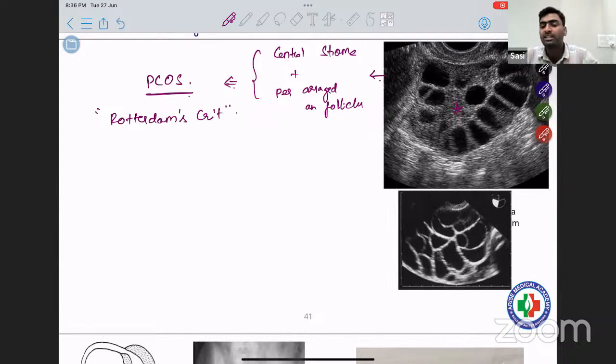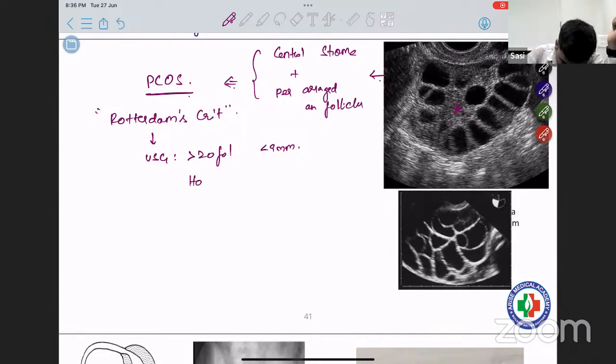We know there will be a USG finding in this. There will be a USG finding of more than 20 follicles of less than 9 mm in diameter, which are anovulatory or atretic follicles, and there will be a hormonal change, or increased testosterone, either biochemically or physically, or there will be one more thing, which is the menstrual abnormalities, like oligomenorrhea.